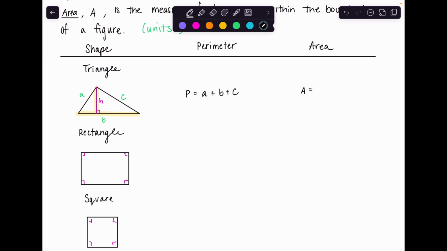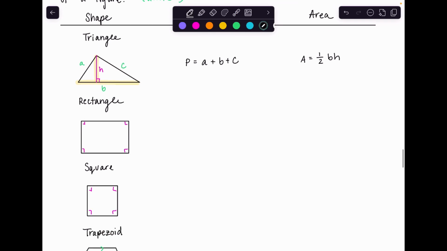So the area of a triangle is going to be 1/2 the base times the height. That's why I like to use B. Okay. The reason for that is hopefully you remember the area formula for a rectangle, length times width. Really, a triangle is half of that. So it's 1/2 the rectangle formula. And you need the two sides that form the right angle for that.